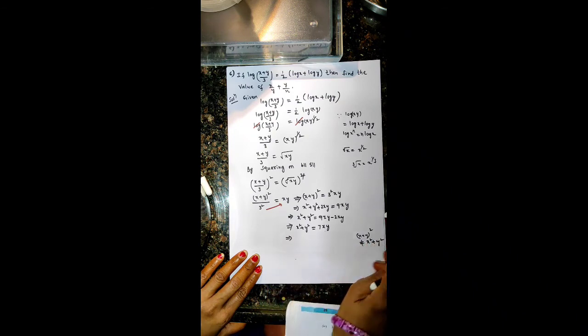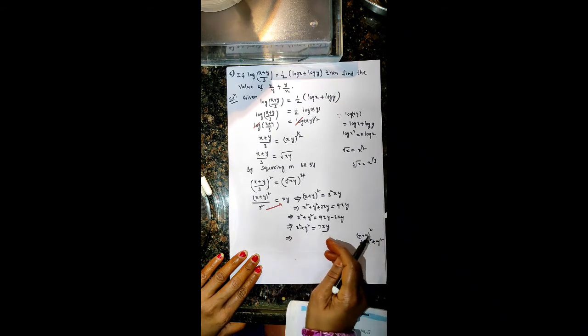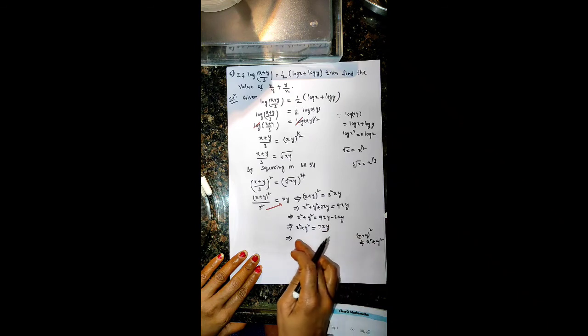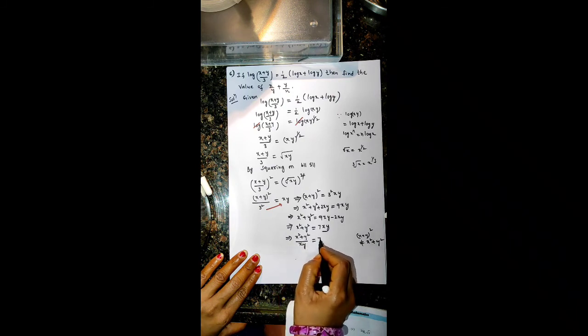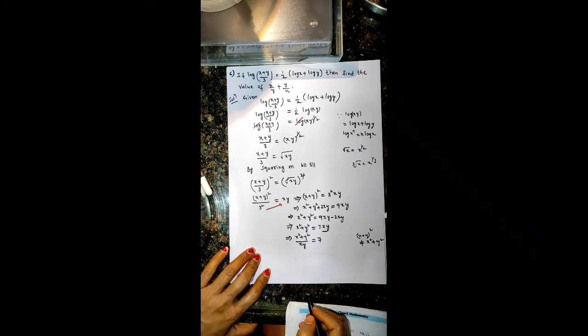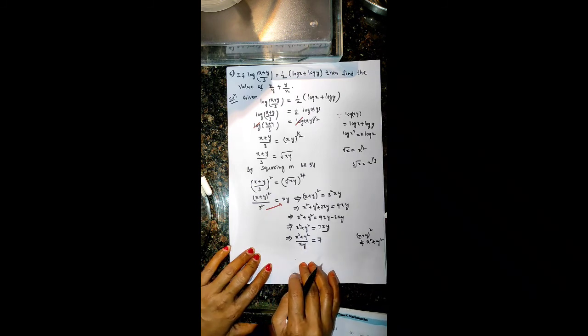So this xy, if we send this xy to the right side, (x square plus y square) by xy equals 7. Okay, next, here, is this visible to you? I think visible.